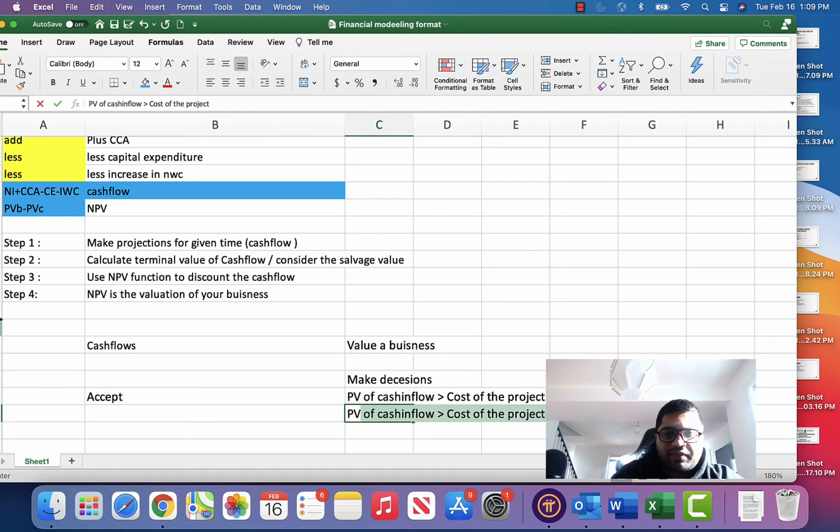If present value of cash flows is less than cost of the project, we reject it.